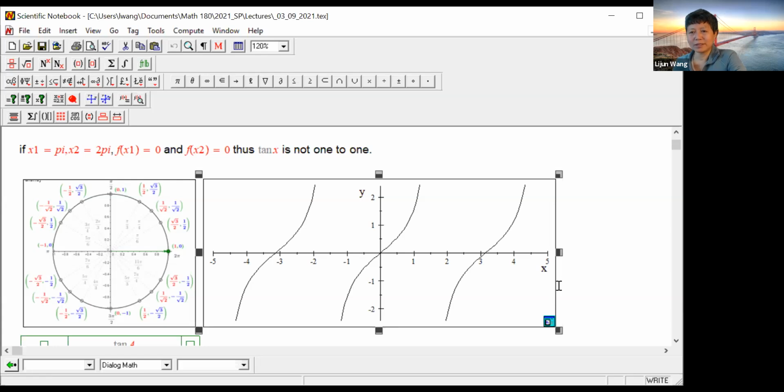Which piece will be the simplest? The middle part. That's right. The simplest piece will be the one in the middle.